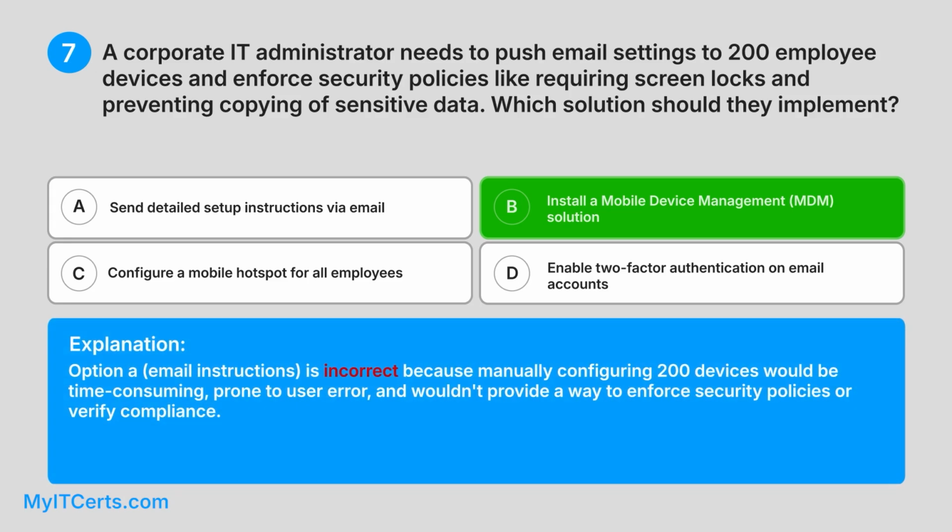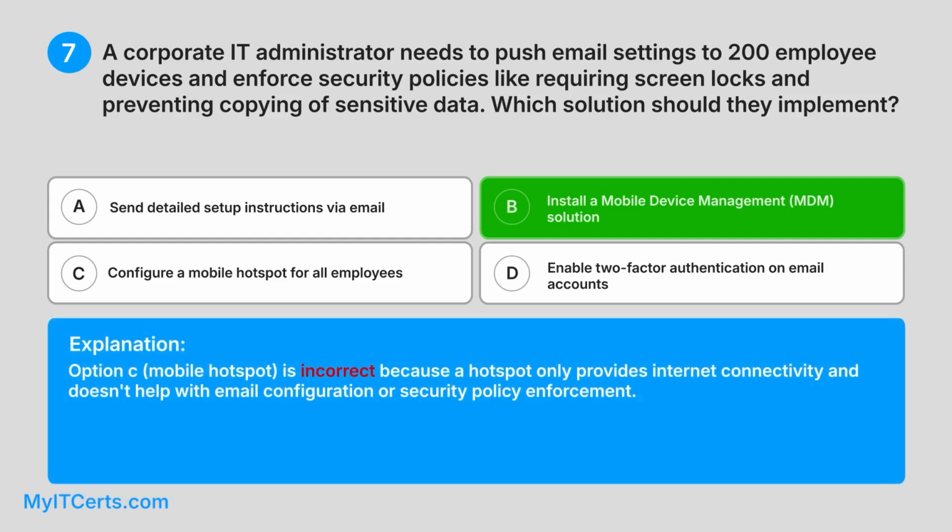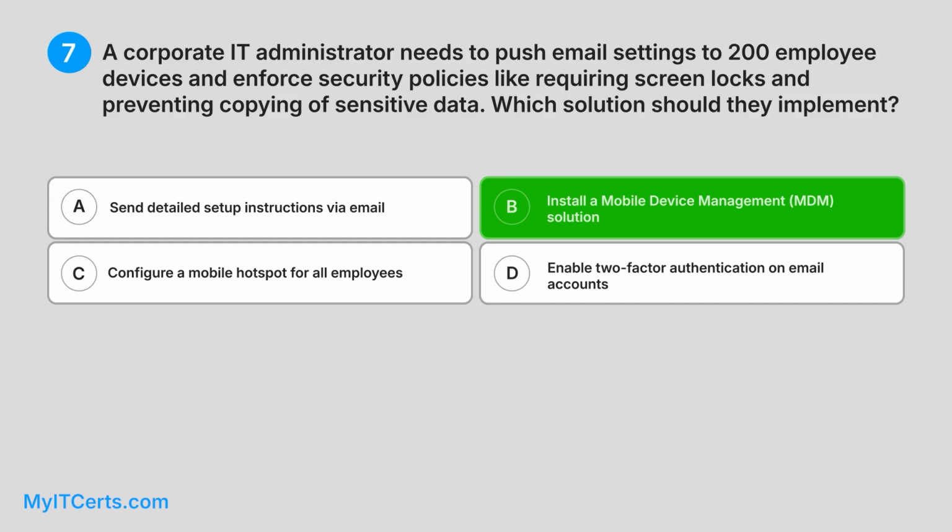Option A, send detailed setup instructions via email, is incorrect because manually configuring 200 devices would be time-consuming, prone to user error, and wouldn't provide a way to enforce security policies or verify compliance. Option C, configure a mobile hotspot for all employees, is incorrect because a hotspot only provides internet connectivity and doesn't help with email configuration or security policy enforcement.